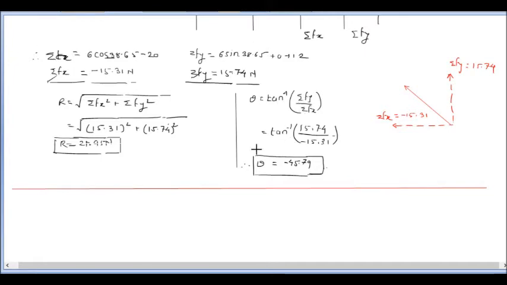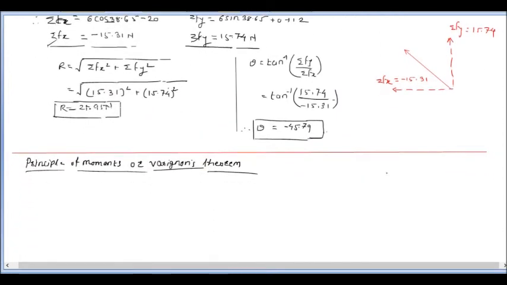now to locate that resultant, once again we are going to use the principle of moments, or Varignon's theorem. Now we know the principle of moments is nothing but the sum of all moments of all forces about any point is equal to the moment of the resultant, that is, R into the perpendicular distance.